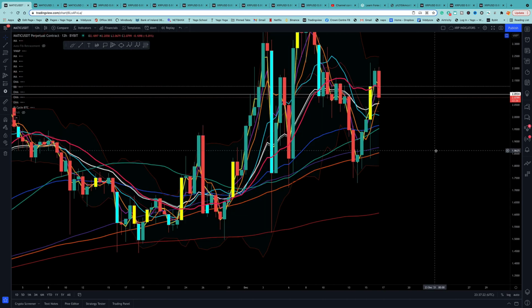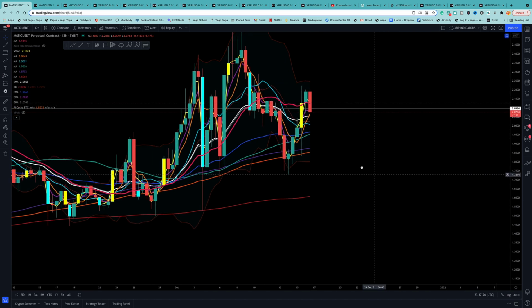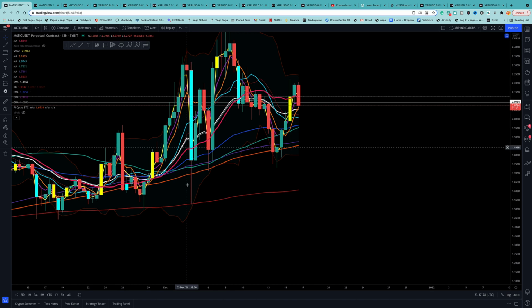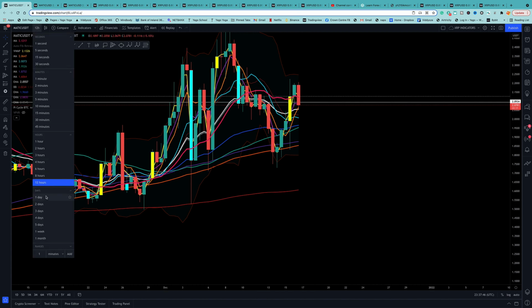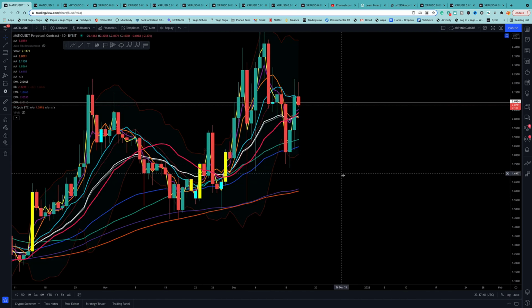Now I'll go to the 12 hour. Again, if I went all the way back to here, 160, the Bollinger Band is 180. So probably what I would be doing is looking for an entry point of 170.